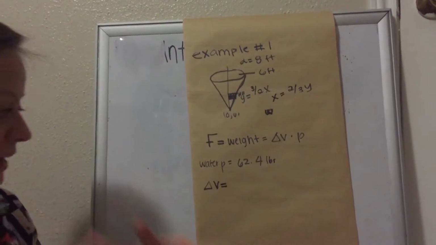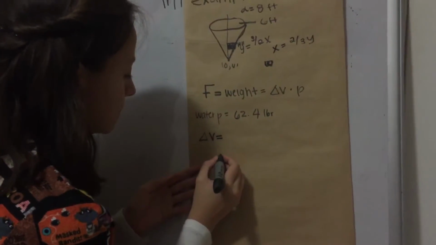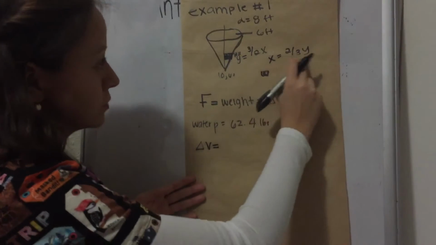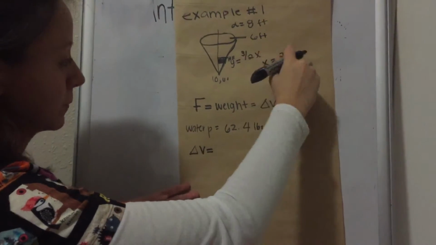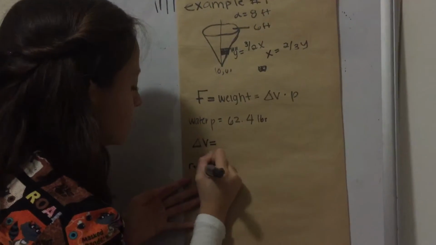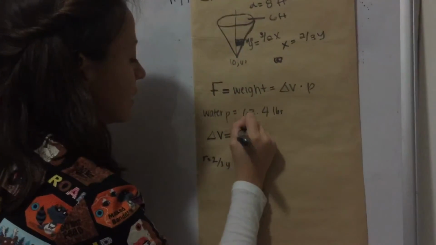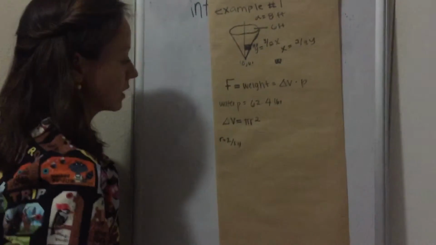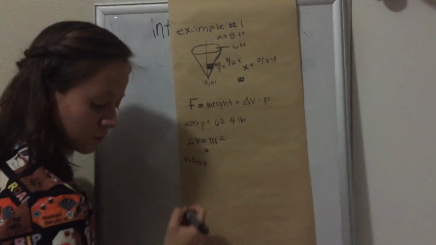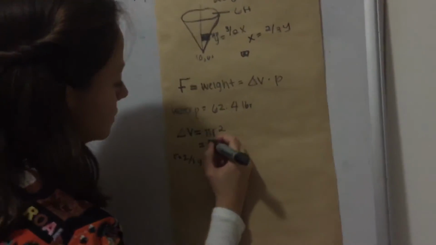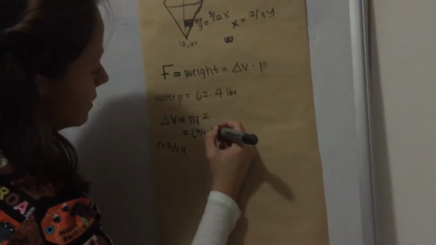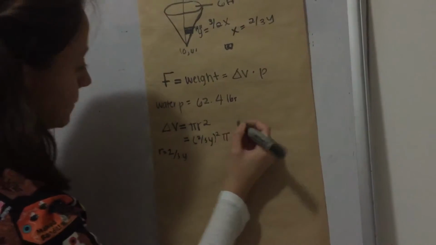So each layer, which would be your circle, is going to have radius 2/3 y, because each layer is a circle and the area of a circle is pi r squared. And so then it's equal to 2/3 y squared times pi.